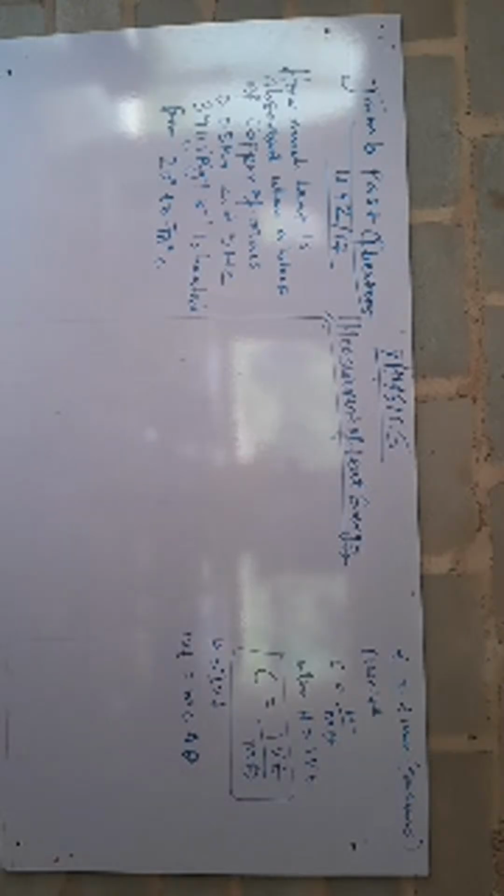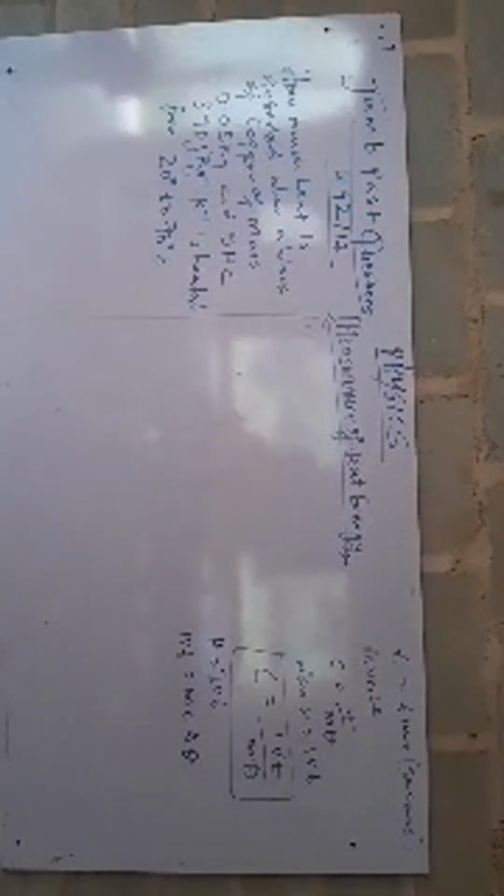How much heat is absorbed when a block of copper of mass 0.05 kilogram and specific heat capacity of 390 joule per kilogram per Kelvin is heated from 20 degrees Celsius to 70 degrees Celsius? So what do we have to do here?